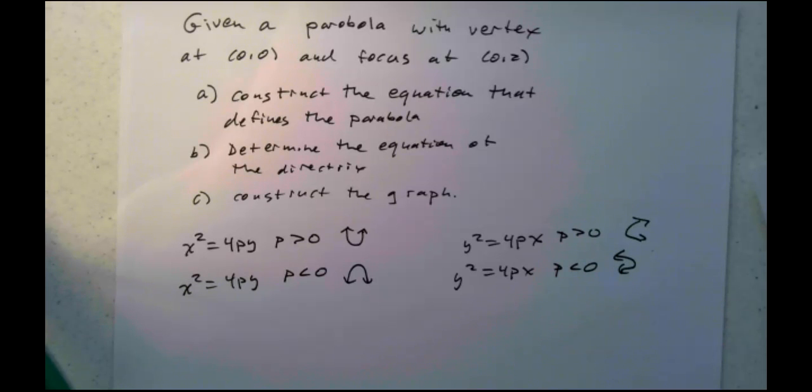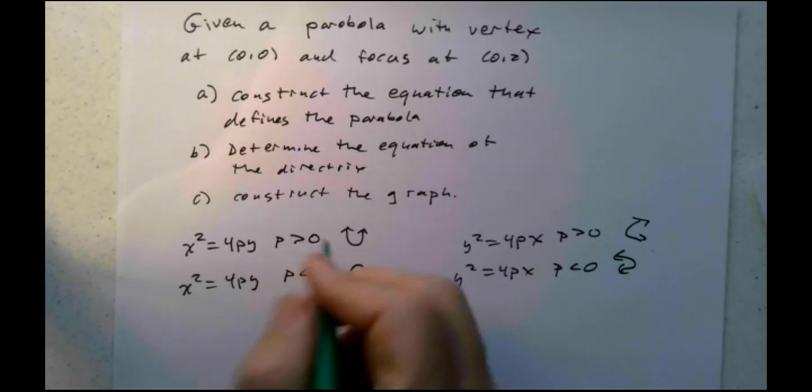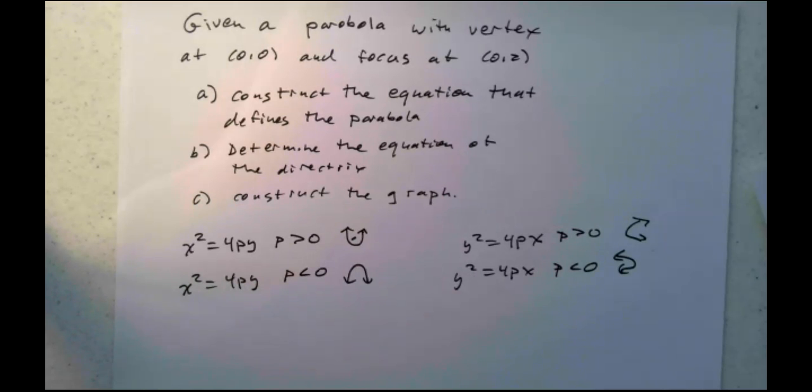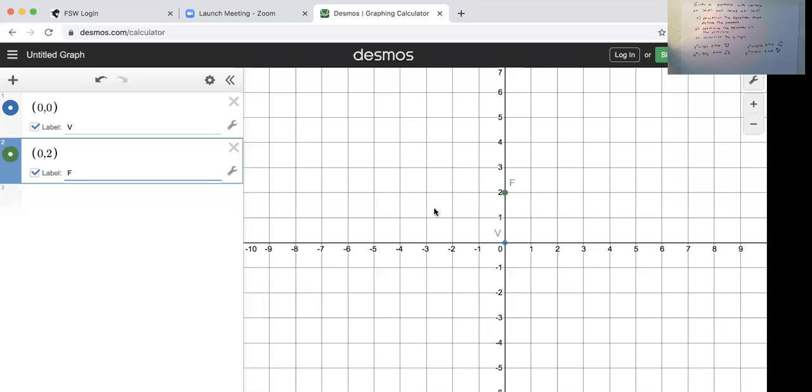And we said that the parabola engulfs the focus, so this will be our case. It will be x squared equals 4py, where p is positive. Let's go back and take a look at our picture. So it's heading that way. The distance that we have from the vertex to the focus is 2, so p is 2.